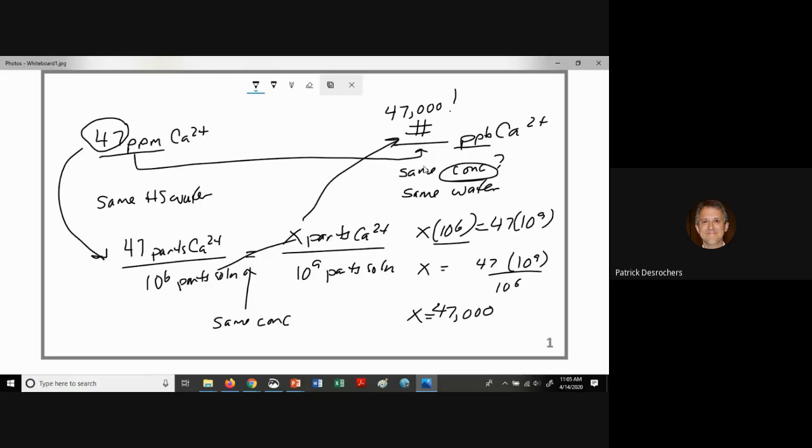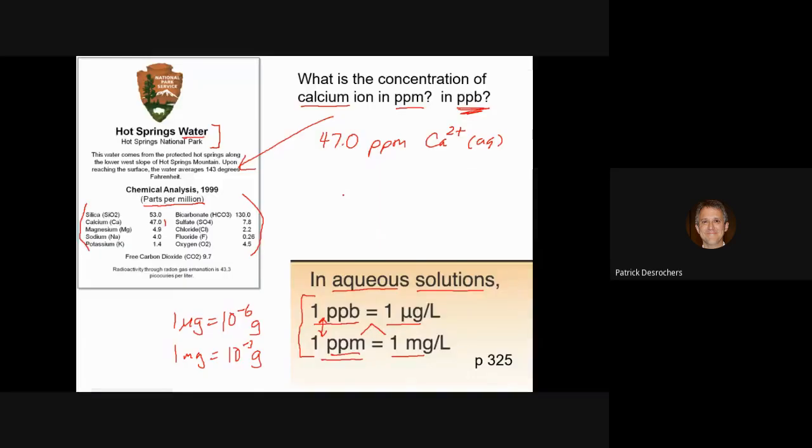I actually want to ask, shoot, this is a good test question. Why don't they report these numbers in parts per billion? This wouldn't say that. This would say 47,000 if it was parts per billion. Why not write 47,000 on there? To make it seem smaller, maybe.